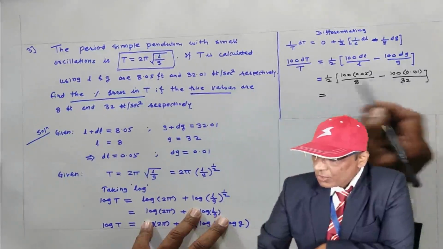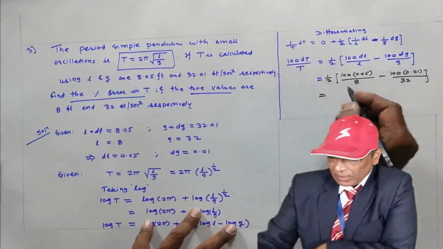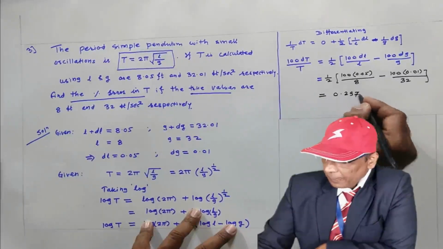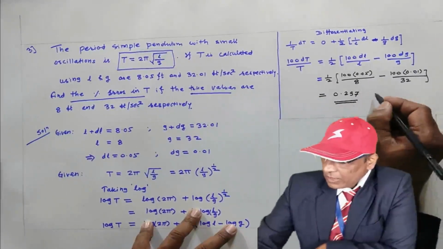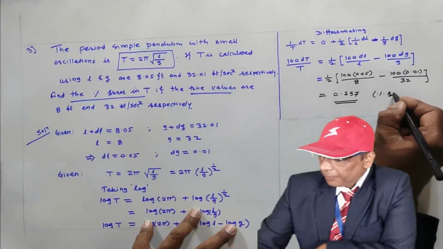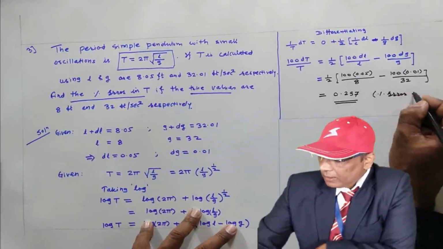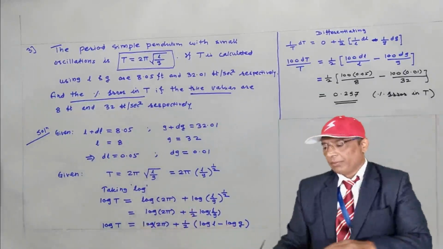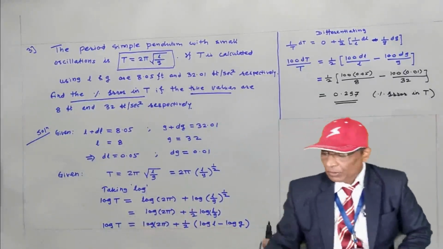Try to solve it. Use a calculator and get the value. I think it is 0.297. It is the percentage error in T. T is the period of a simple pendulum.